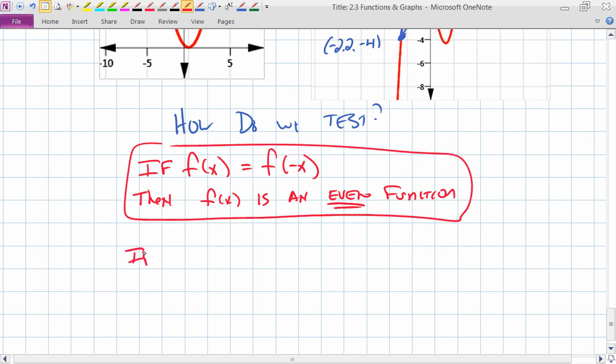And if f of negative x is equal to the negative of f of x, then f of x is an odd function.